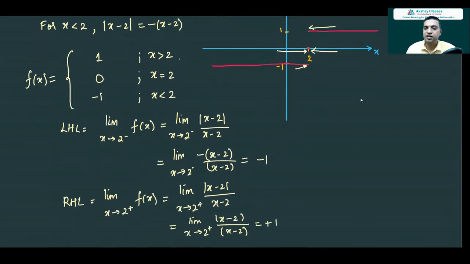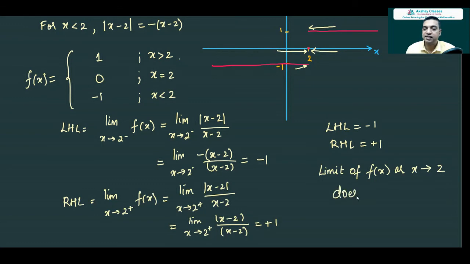So left hand limit is minus 1, right hand limit is plus 1. So in this case, we say the limit of f as x tends to 2 does not exist.